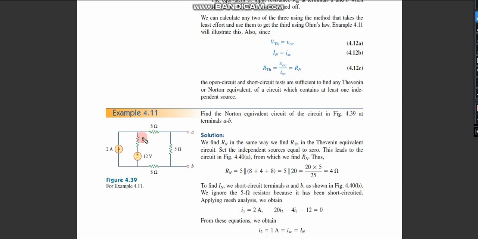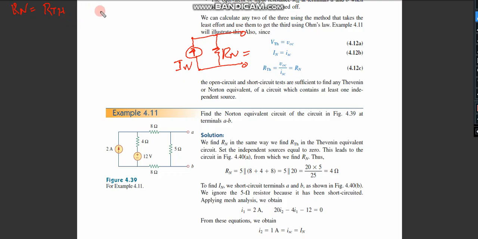It means I can represent this by a Norton circuit, which is a current source IN in parallel with a resistance which we call Rn, with these terminals. To find this Rn, remember, last time we said it is equivalent to finding R Thevenin, the same way we found R Thevenin.